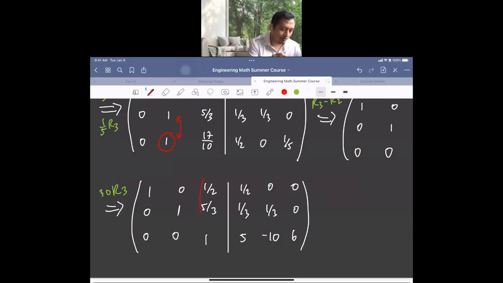And then the last part is taking this to be 0.